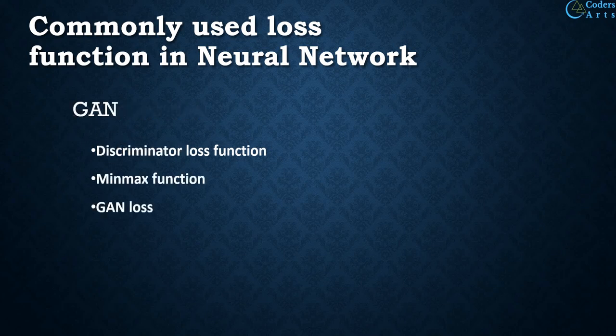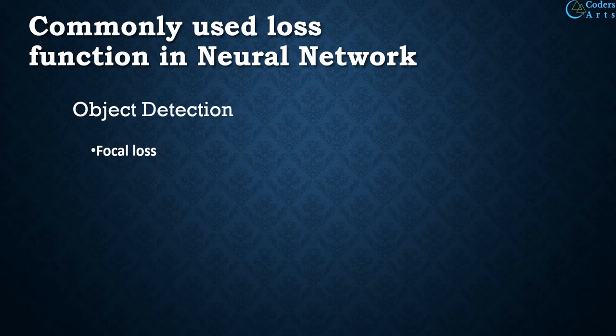If we talk about GANs, there we have the discriminator loss function or minimax loss function and the GAN loss function. If we talk about object detection, it is a very important task in deep learning. Here we use the focal loss function.